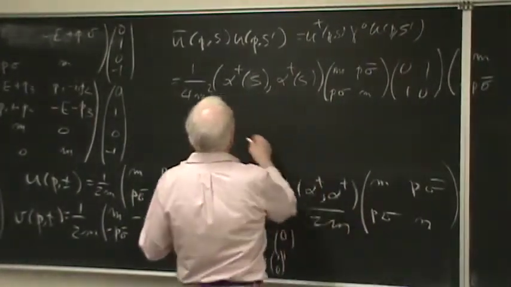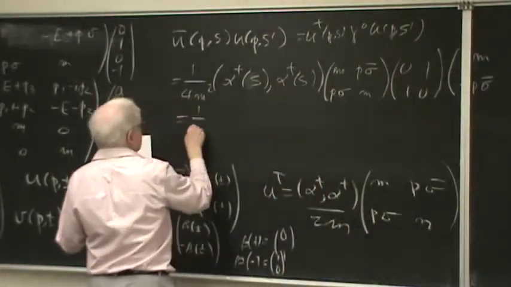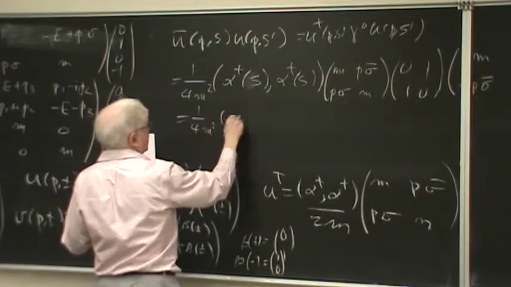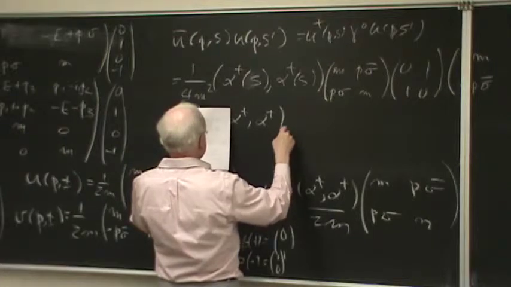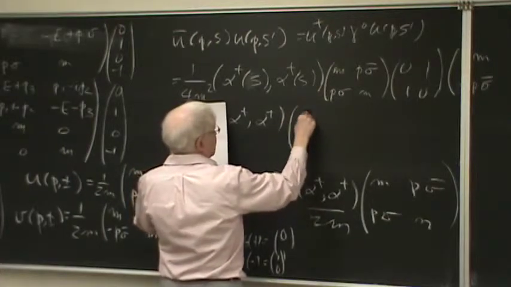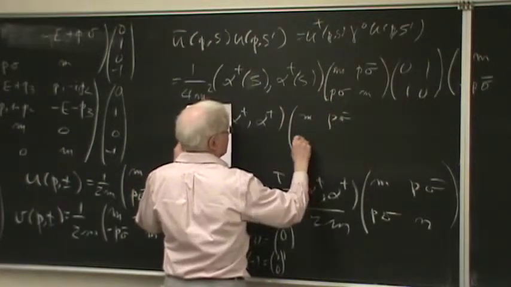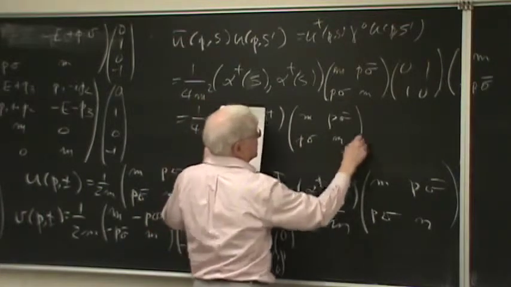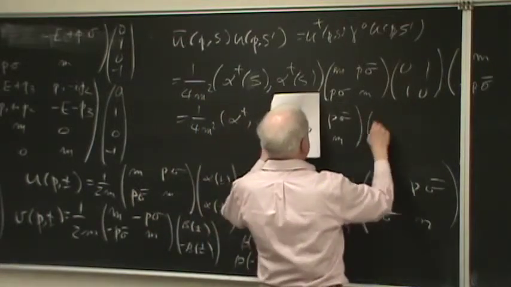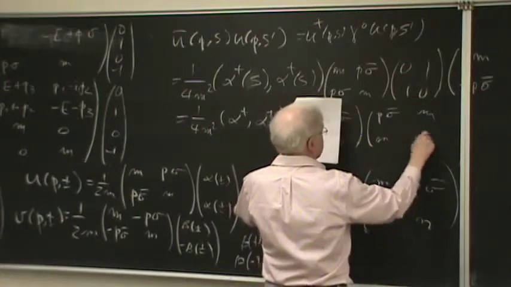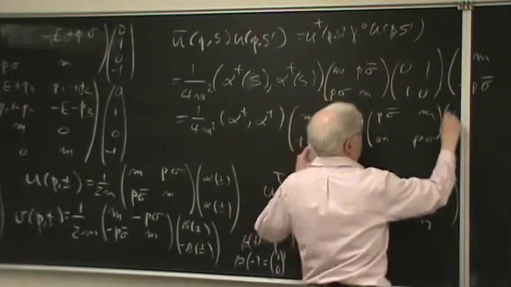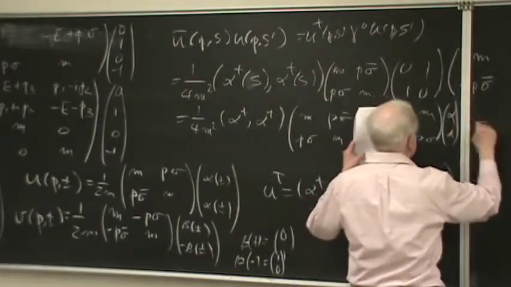All right, well, carrying out the multiplication, we just have 1 over 4m squared, alpha dagger, let me abbreviate some of these things. Then this is m, p sigma bar, p sigma, m, and multiplying through we get p sigma bar m, m p sigma, alpha alpha.